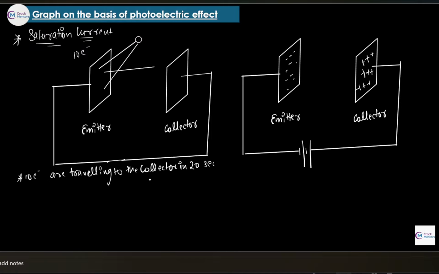This is case one, which I'm talking about. This is totally an example. I don't know that there are 10 electrons basically traveling in 20 seconds; this is what I'm assuming.